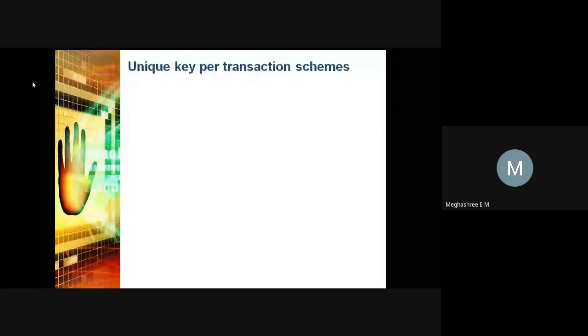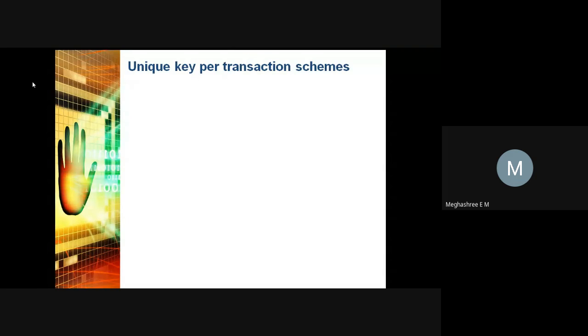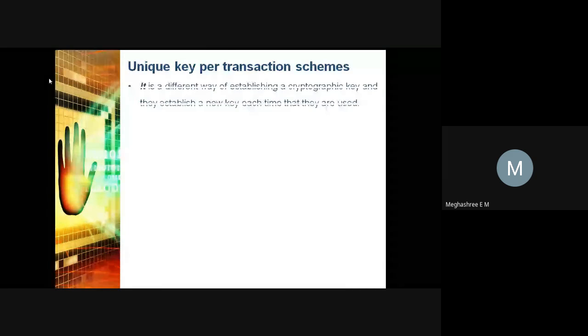The next method which is used to perform key establishment is the unique key per transaction scheme, or in short you can call it UKPT. Okay, this UKPT scheme is another way of establishing a cryptographic key, and it establishes a new key each time that they are used.